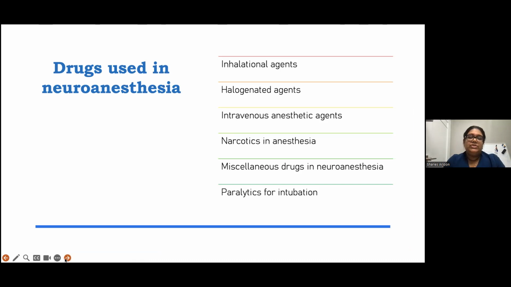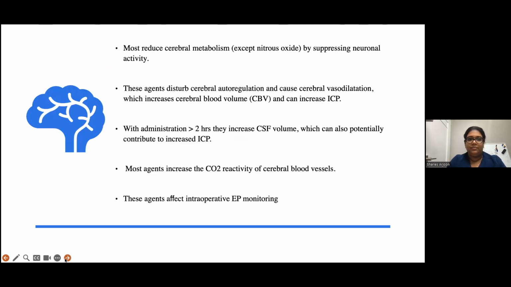Moving on to drugs used in neuroanesthesia, and these are classified into the inhalational agents, the halogenated agents, intravenous anesthetic agents, narcotics in anesthesia, miscellaneous drugs in neuroanesthesia, and the paralytics used for intubation. So most reduce cerebral metabolism, except nitrous oxide, by suppressing neuronal activity.